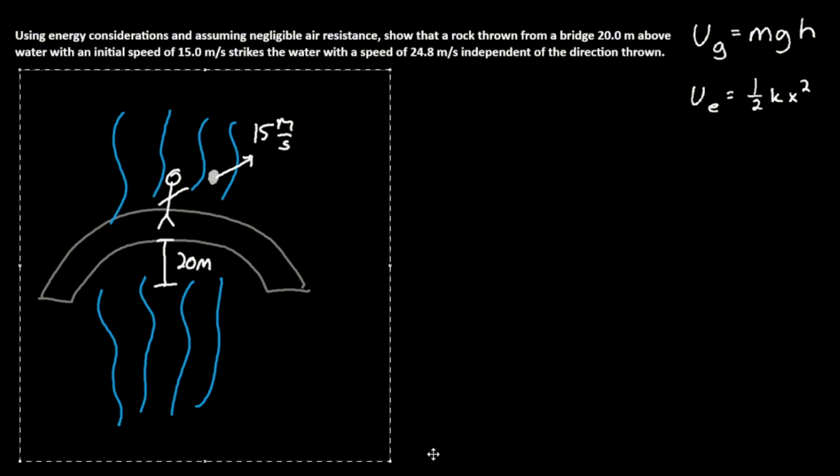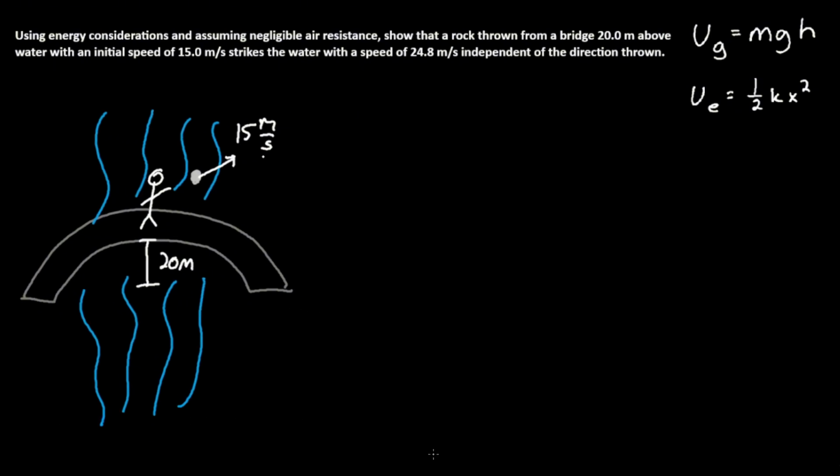So let's use our knowledge on gravitational potential energy and kinetic energy in order to answer this question. Well, we just have to show that the rock, when it hits the water, is going at a speed of 24.8 meters per second. So how do we do that?